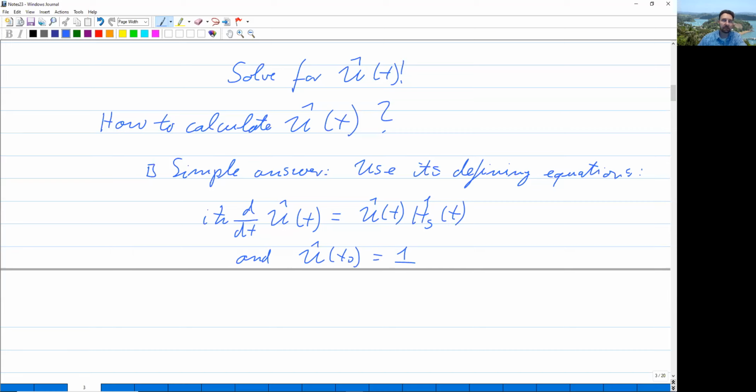So that's the simple answer. And we will now next study exactly how to do that and how this looks like, namely by writing this down in a basis, checking out how that looks like in a basis, and then solving it.